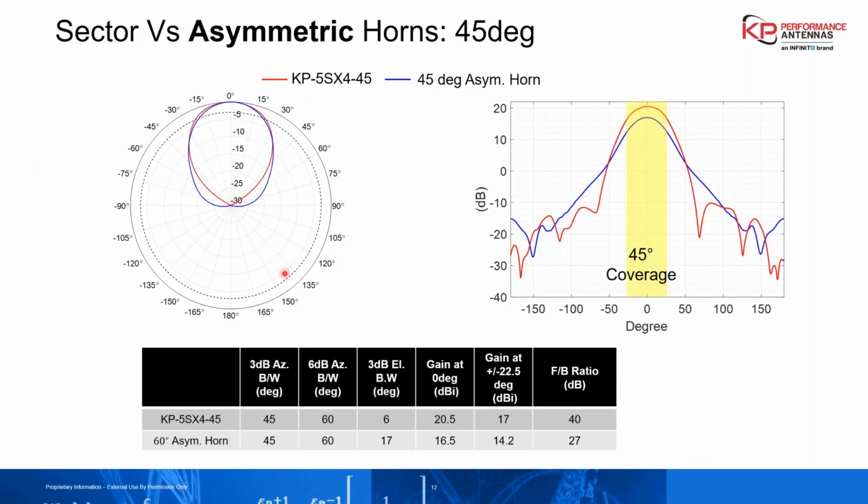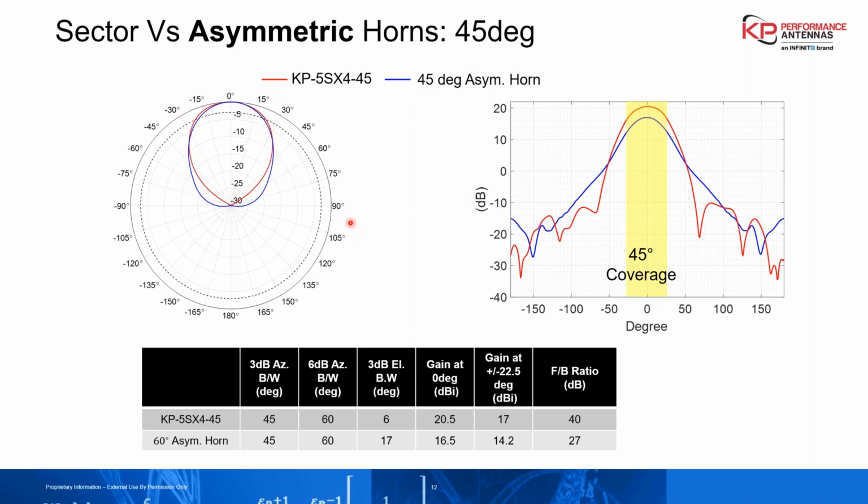Now, an asymmetric horn. We've seen these for the last 8 months or so. These are a new antenna type that has come out, and essentially they're just a sector. Their goal is to narrow the elevation beam width as much as you can, but still have the same azimuth beam width and azimuth side lobe patterns.